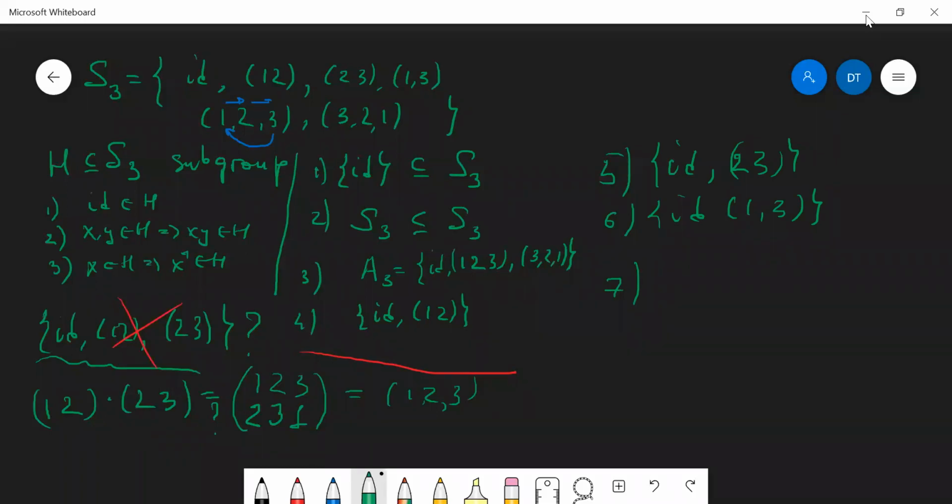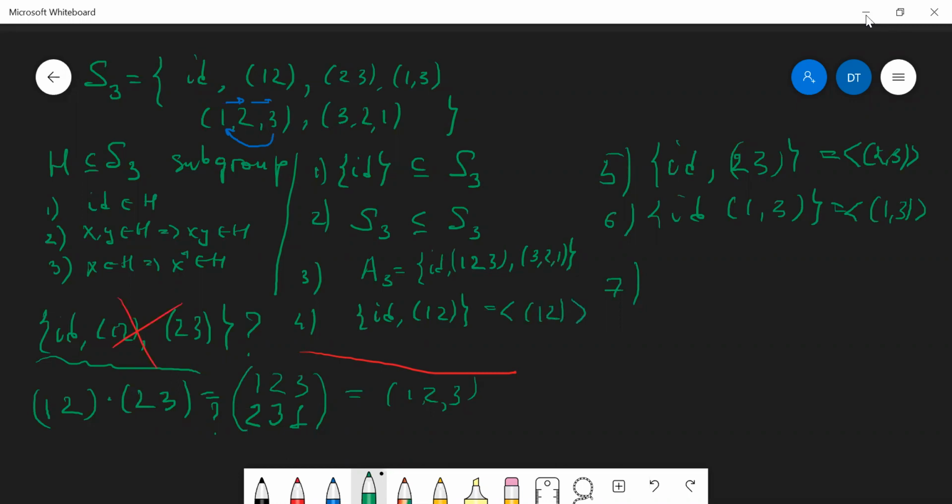I would like to discuss this now. What Andrei told us is that this is the cyclic subgroup generated by the element (2, 3). This is the cyclic subgroup generated by the element (1, 3). This is the cyclic subgroup generated by the element (1, 2).